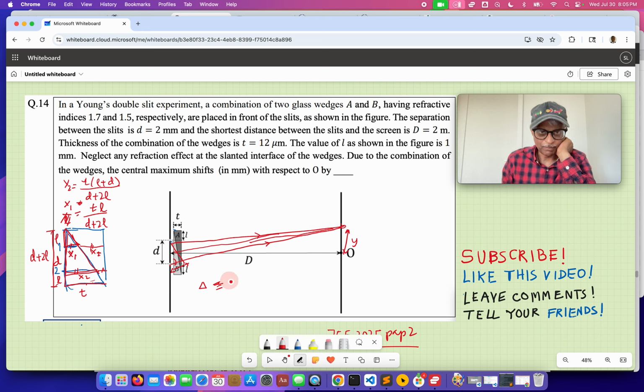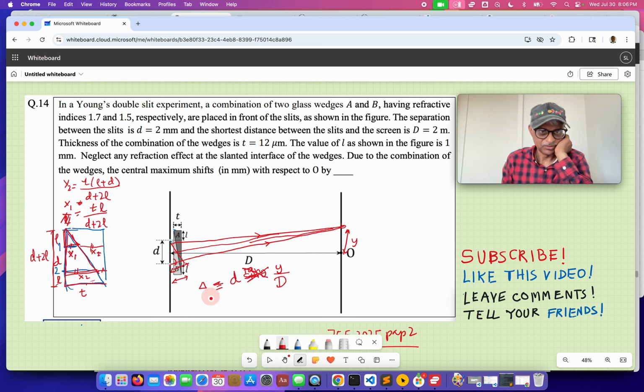I'm not going to do the derivation because you can derive it. The difference in the path between this and this direction is d sine theta, and you can call that tan theta, and then you can replace that by y over big D.